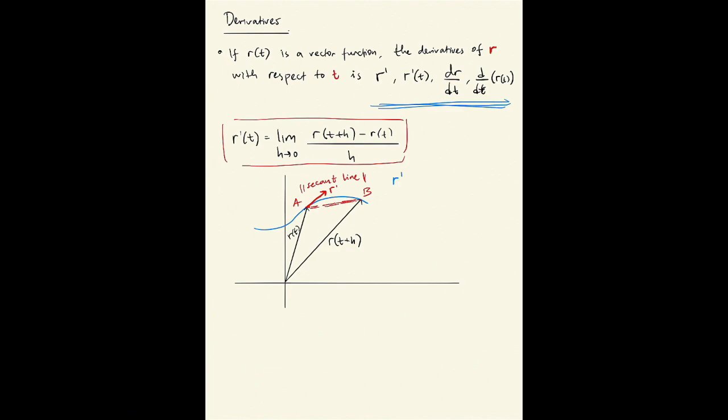So the r prime, we call it a tangent vector, the derivative to the parametric curve. The parametric curve is the blue line here, the blue curve.